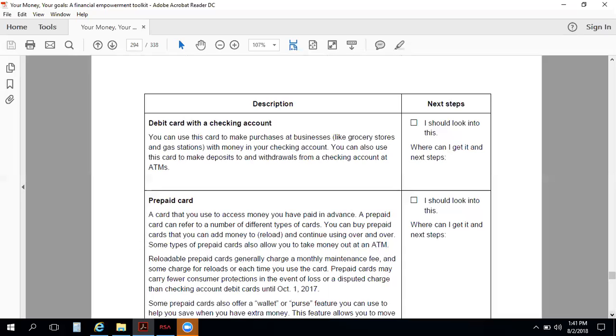So have they learned how to use the debit card? If not, what are some of the ways they can improve? A next step could be, if they've overdrafted in the past, setting a goal to keep track of their transactions better. Maybe making sure that they write everything down that they spend to help them better manage their funds.